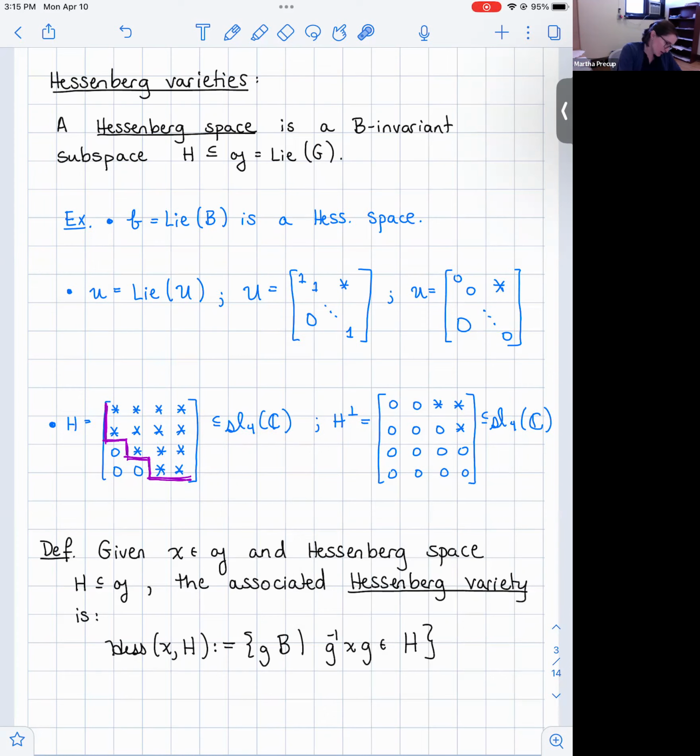And so you can tell that these Hessenberg spaces in this type A setting are in bijection with lattice paths to go from one corner of my matrix to the other. In particular, you can also record this data with a vector, say, in this case, 2, 3, 4, 4. That's called a Hessenberg vector.